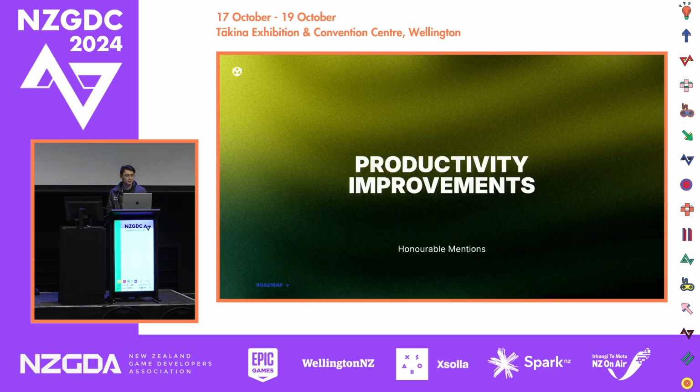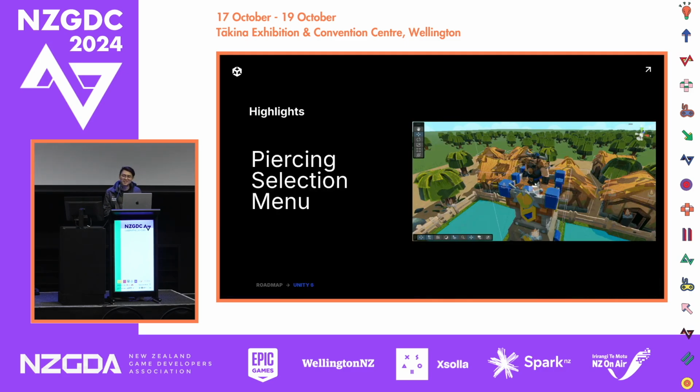I also like to mention some honorable mentions of features that you don't really see in marketing highlights. These are less fancy features, but they're super good, personally. Piercing selection menu.